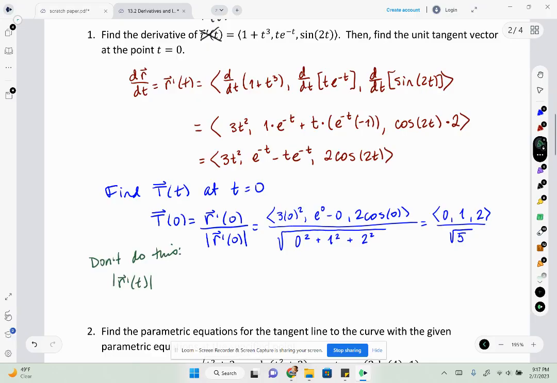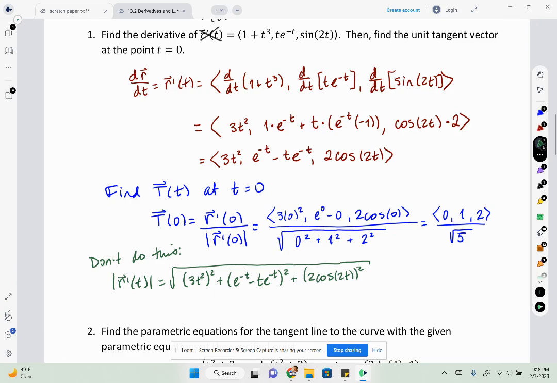Don't find the magnitude of r prime, because here's what it looks like. 3t squared, all squared, plus e to the minus t, e to the minus t, all squared, plus 2 cosine of 2t, all squared. I mean, I can do it, but it's just ugly. This is a bit painful.